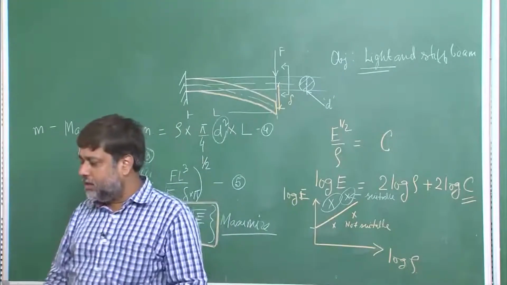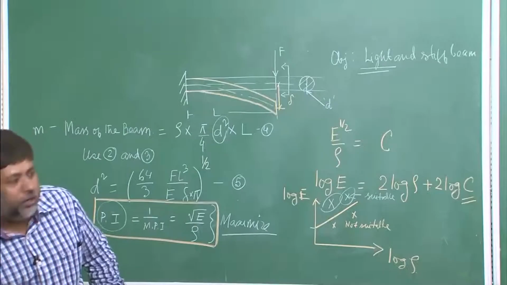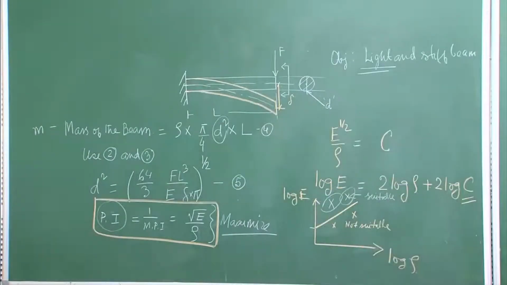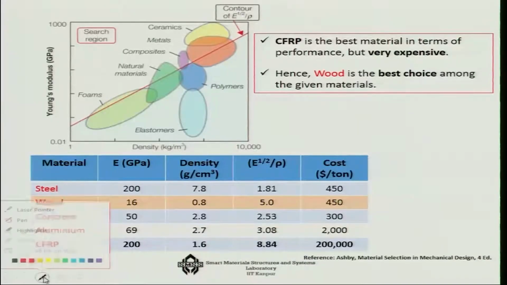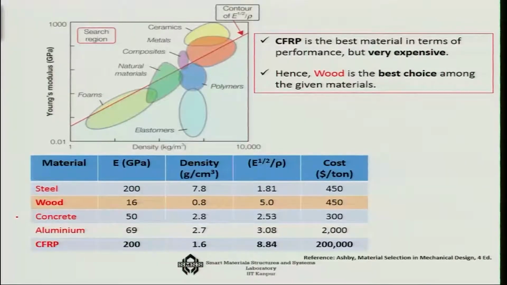So, this is what precisely is done using the SB chart, and let us go back to the SB chart to do this part of the work. If we now look at the SB chart, we can see here that there are various possibilities of density, as you can see that you have very lightweight elastomers here, and you have foams here which are even lighter, but corresponding to our fixed cutoff value, many materials are not actually suitable.